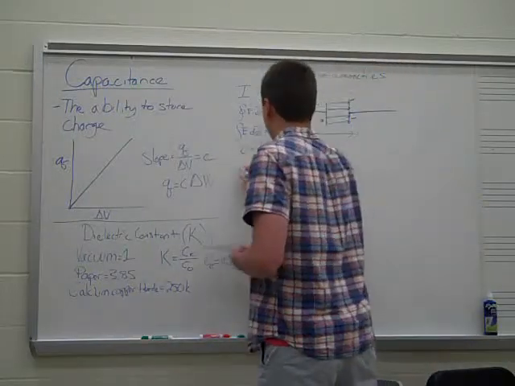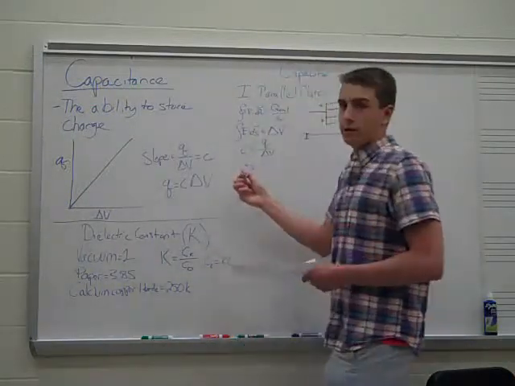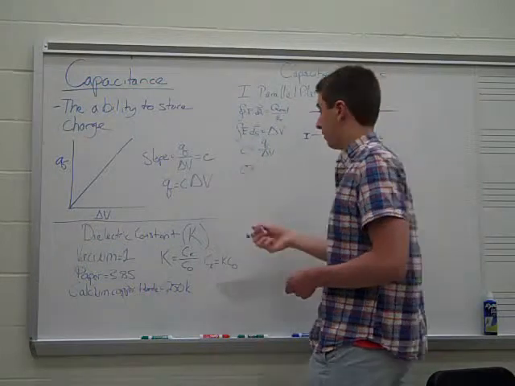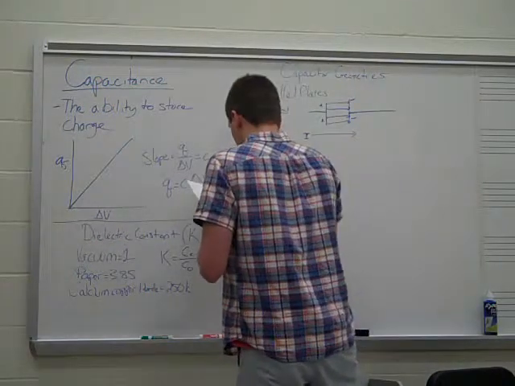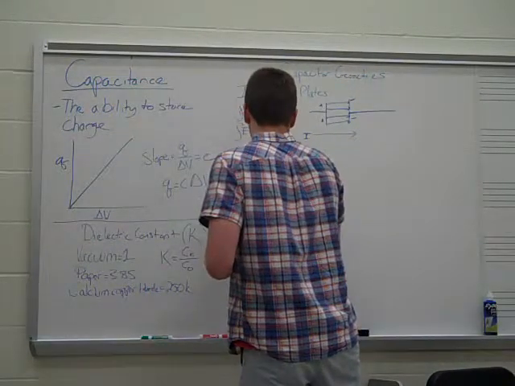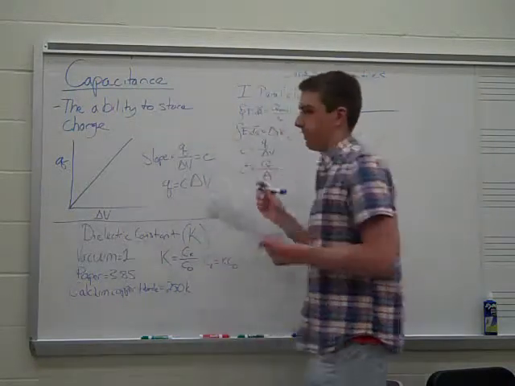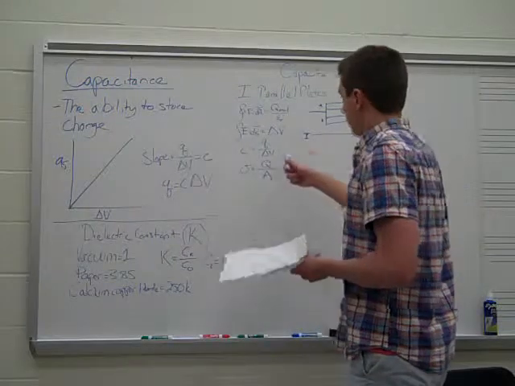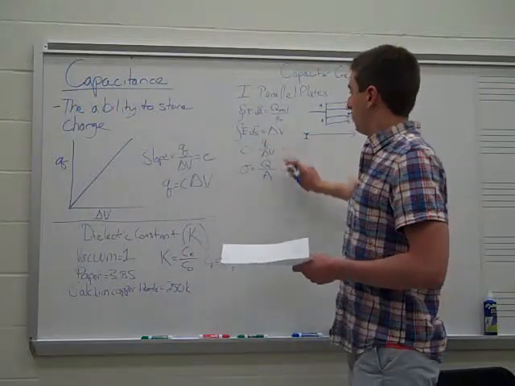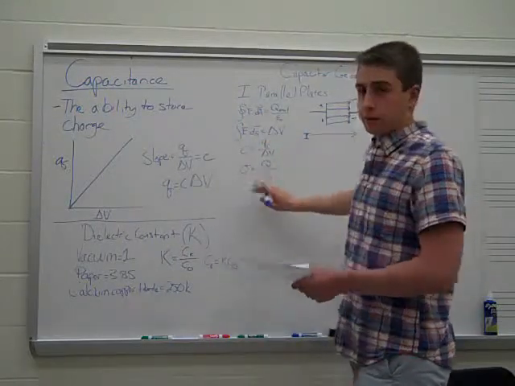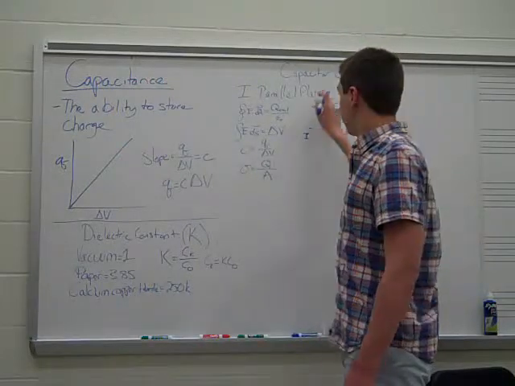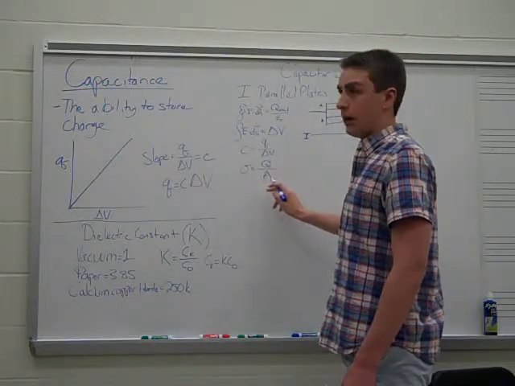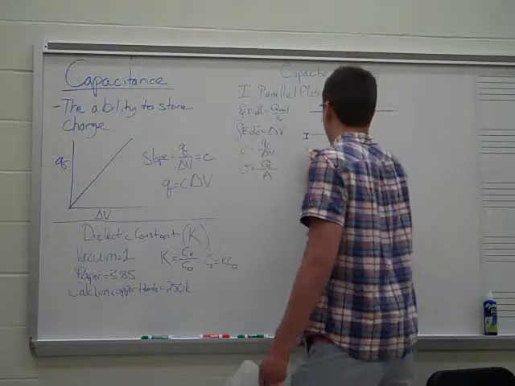I'm going to say sigma, which stands for surface area density, equals Q, total charge, over A. And this Q we don't necessarily know. It's not a definite number. So now we're going to plug in here. We know that our Q enclosed on this plate will be sigma times A. So we'll plug in for that.